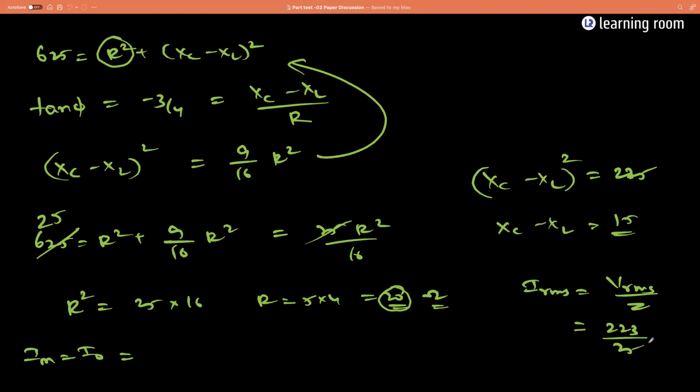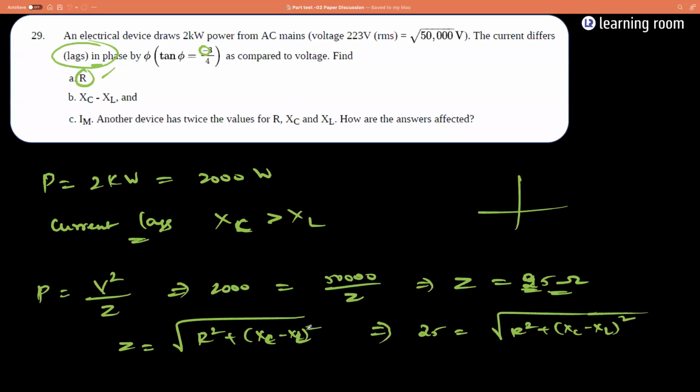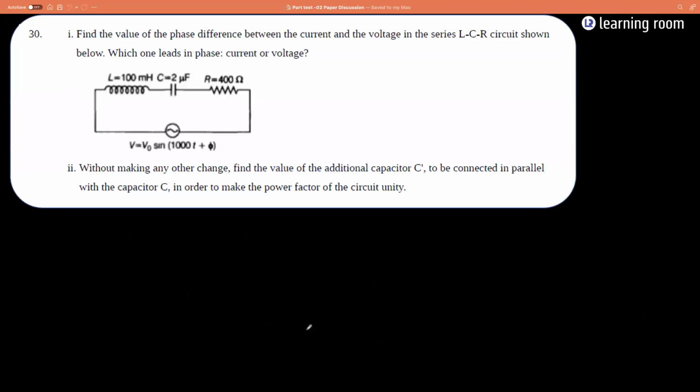So it can be approximated to 9. So I naught will be root 2 times IRMS, which will be root 2 times 9. So this is going to be the value of IM. Okay. So this is all about this question. It is a tough one, but mark it as important and do it again.